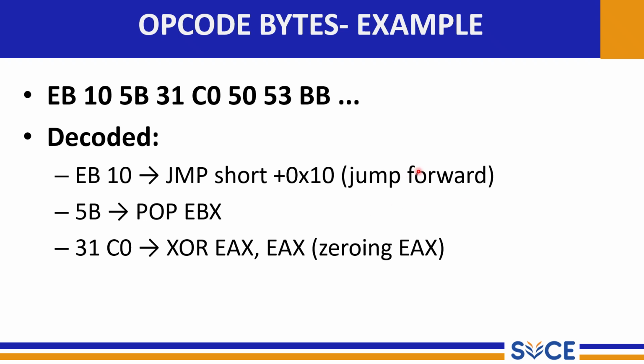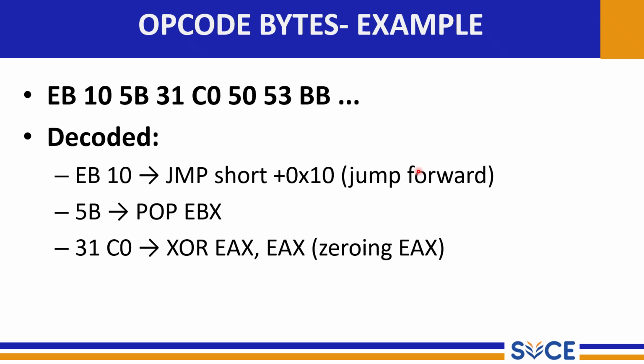This opcode byte typically specifies the operation to be performed, for example add, subtract, move. The second one, the operand specifier, indicates the operands to be used by the instruction, for example registers, memory addresses, and immediate values.